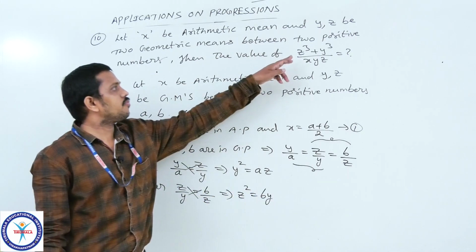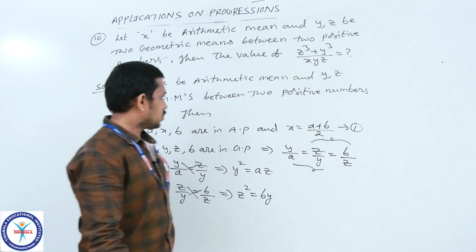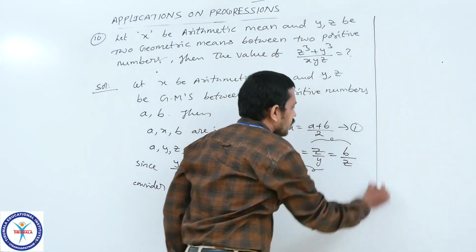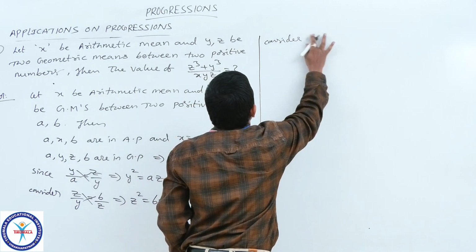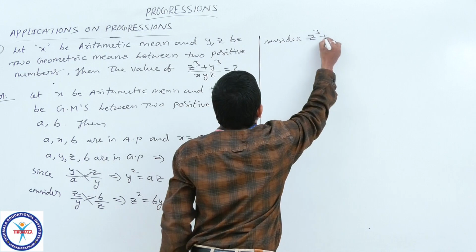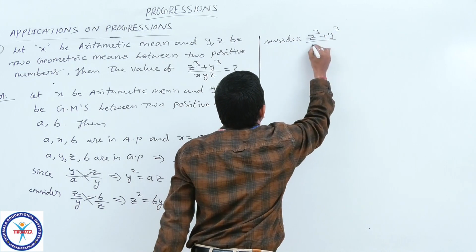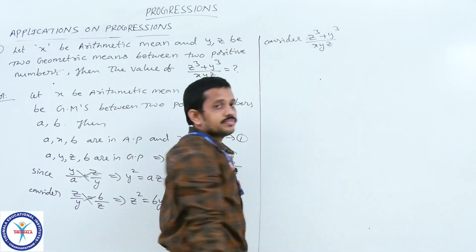Now here we require to find out this value. So here consider the required value (z cube plus y cube) by xyz.